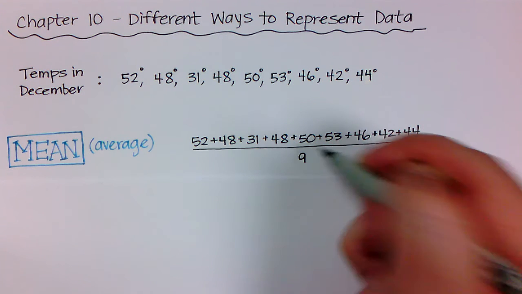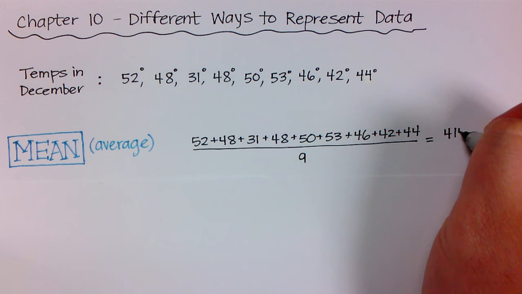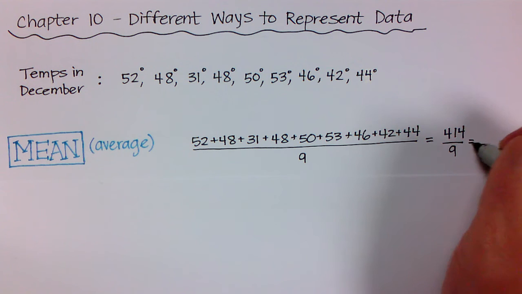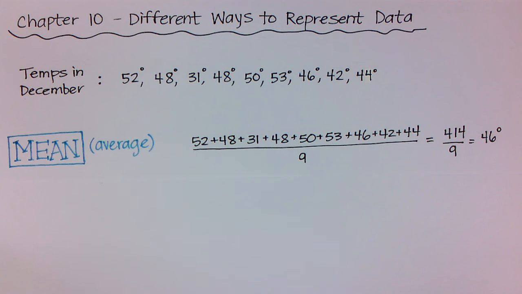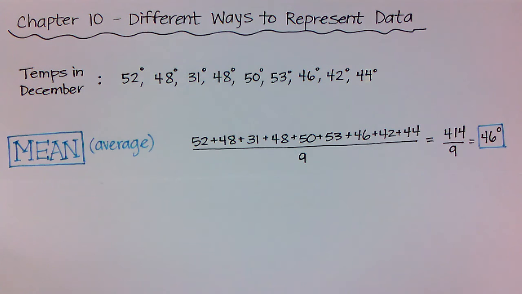And so when I add this together, and you can use a calculator, you're going to find that they add up to 414 divided by 9, which is 46 degrees. So the mean is 46 degrees, or the average. Okay? So that's the first kind. You're probably very familiar with that.